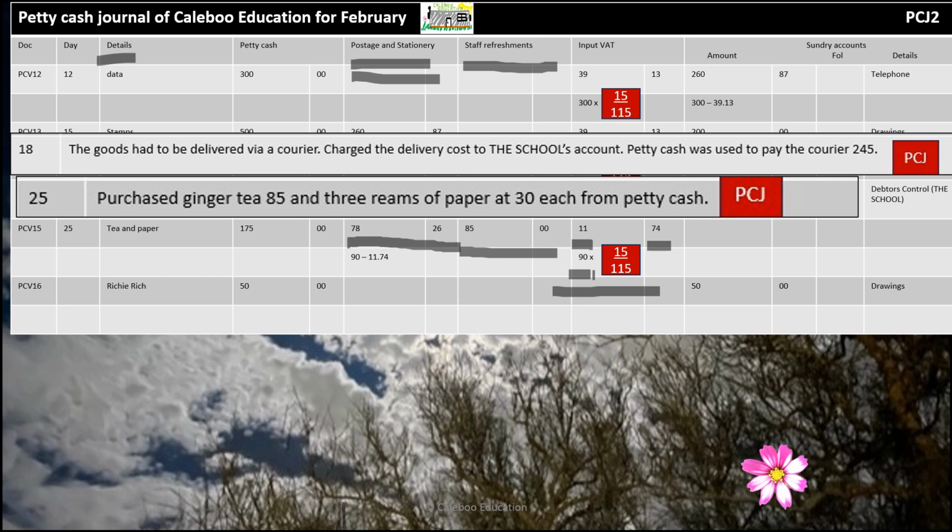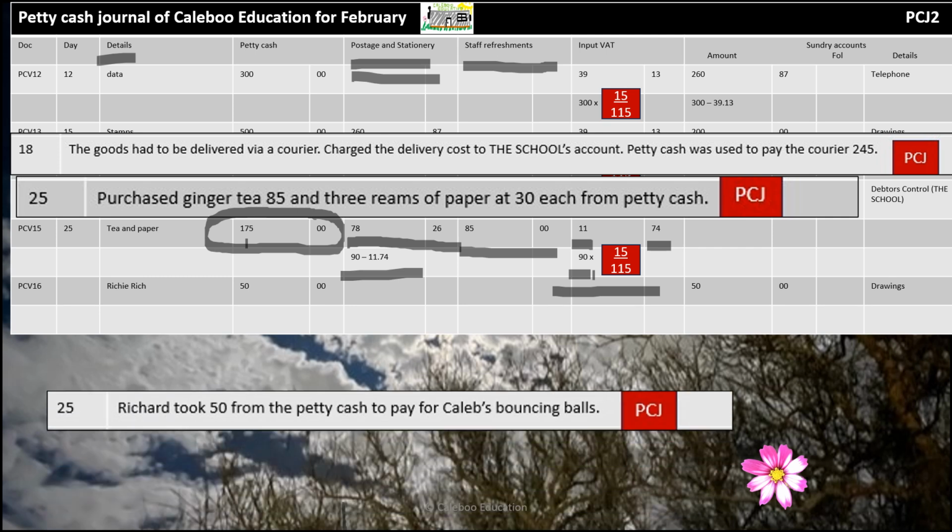So the postage and stationery amount, exclusive of VAT, is 90 minus 11.74. And the total amount used out of petty cash is 90 plus 85, which is 175. You might have to look at that a few times, but you're more than welcome to rewind and see that explanation again.